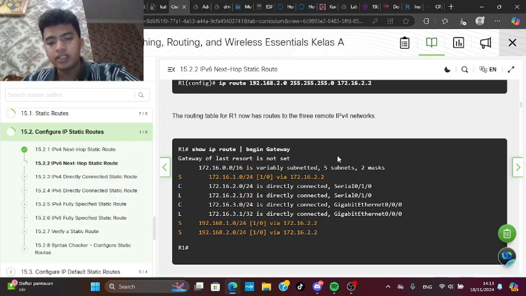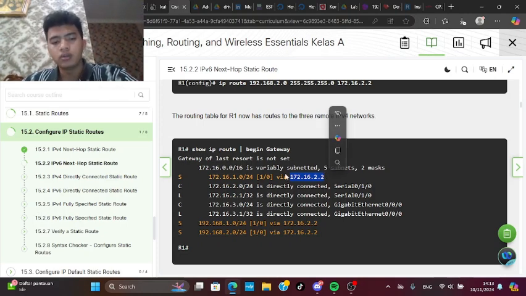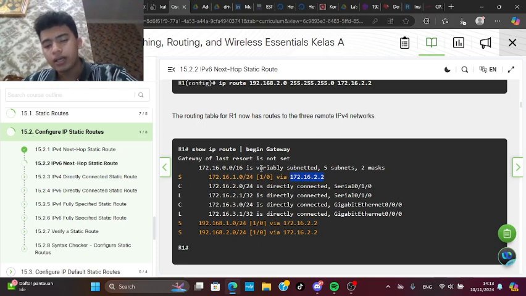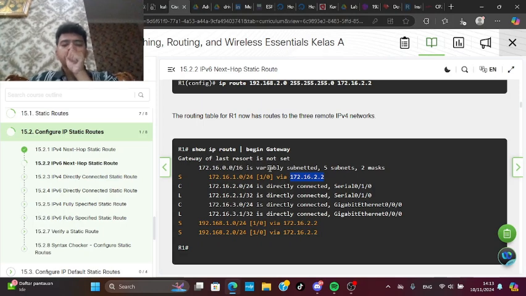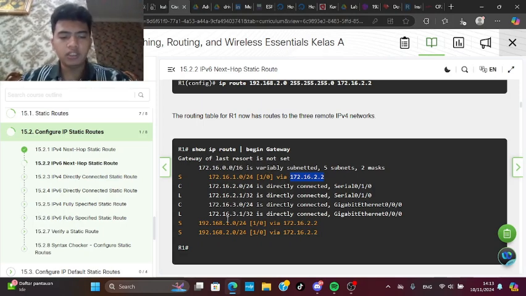Okay, this address is directly connected from router 1 to router 2. So the switch is connected via router 2. Okay, and then we have router 3, which is connected the same way as the switch, via router 2, which is 172.16.2.2.